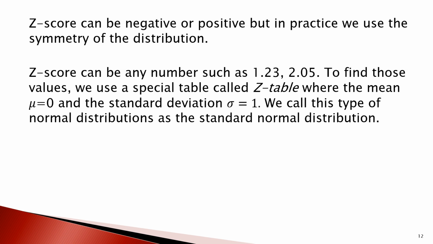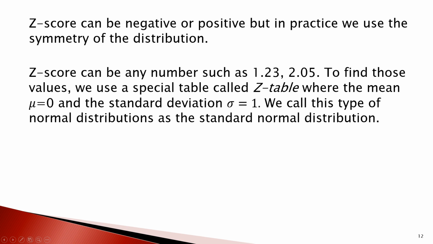Cool. Now, it can be negative, guys, as I told you before, but because of the symmetry of the distribution, we always use the positive case in practical applications. So that's the first thing. Another point is it can be any number, all right? It can be any number like 1.23 or 2.05, but the idea is always the same, okay?